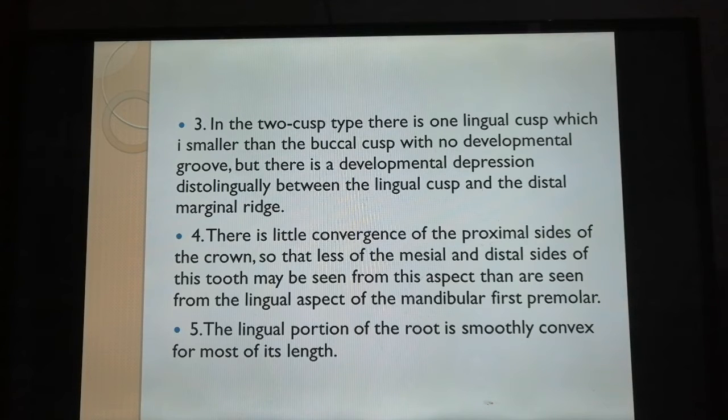Number 4, there is little convergence of the proximal sides of the crown, so that less of the mesial and distal sides of this tooth may be seen from this aspect than are seen from the lingual aspect of the mandibular first premolar.